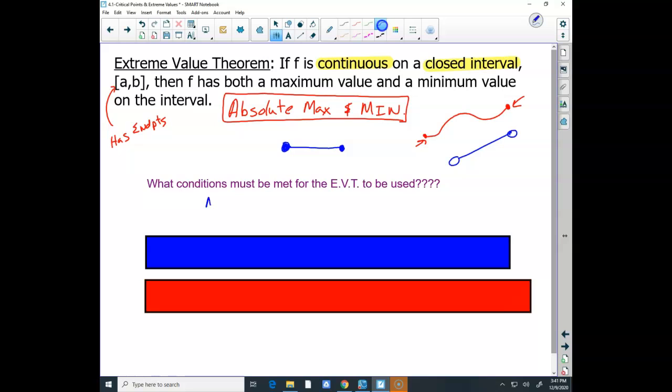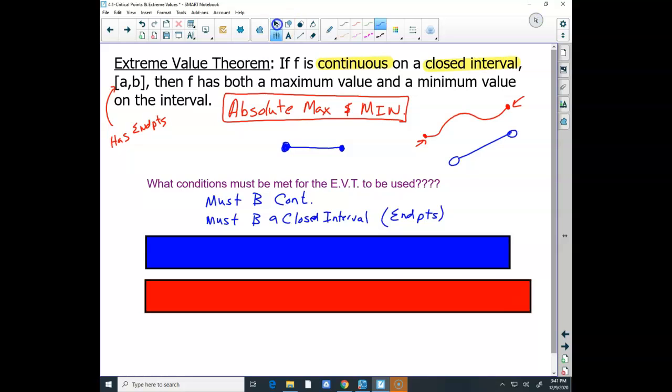It must be continuous. If it's not continuous, I don't care about the extreme value theorem. And it also must be a closed interval, meaning it has endpoints.